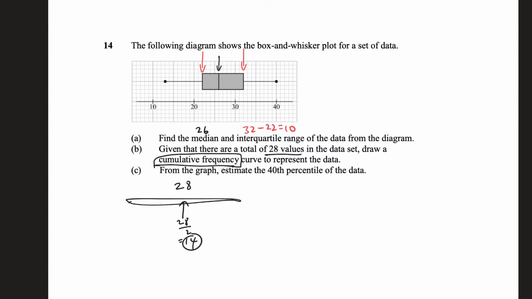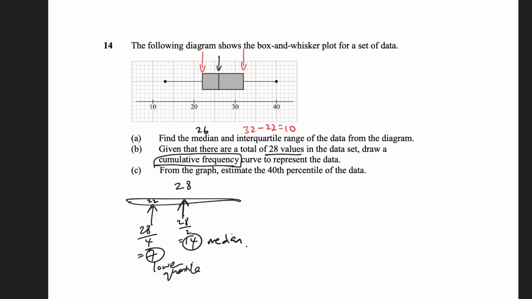So the 14th value is the median. Then this is 1/4 of it, so 28 divided by 4, which is 7, and this is where you will find the lower quartile, the 7th value. Of course, the number we've already found is 22, so the value here is 22.